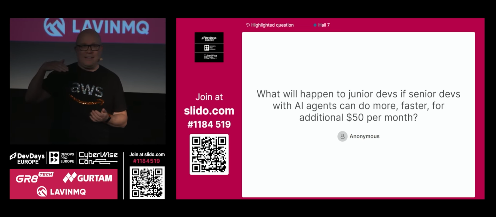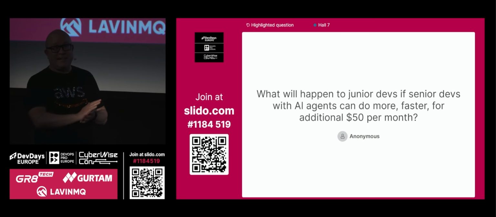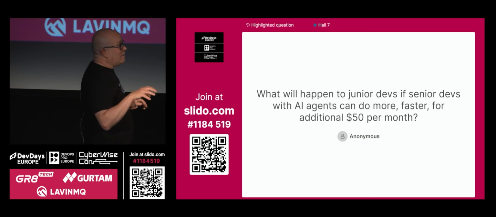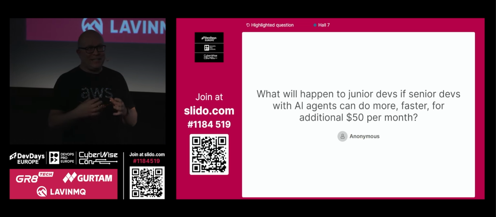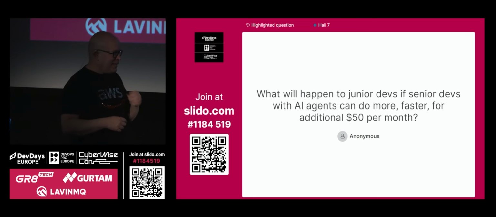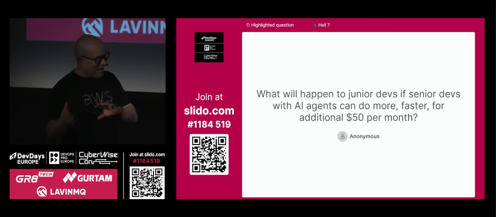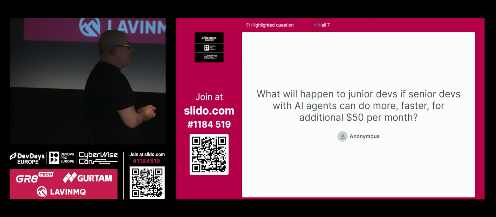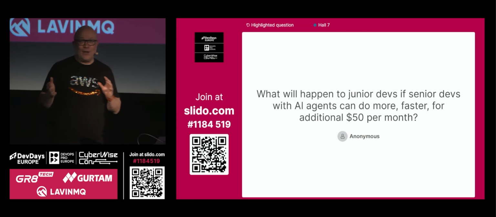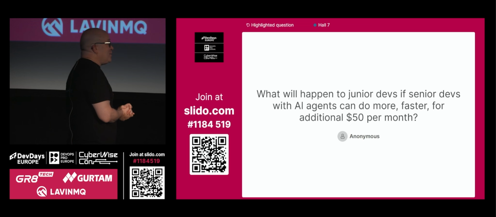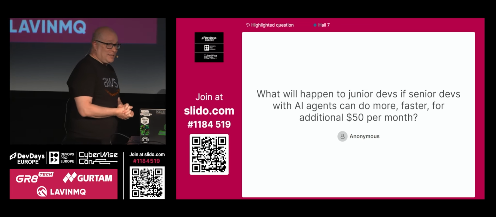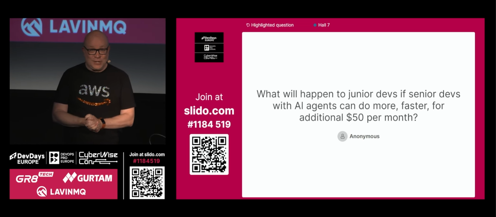They no longer need senior devs as much, other than for contextual awareness. Why did we build it this way? Well, the grey beards come out: we did it this way because of that. And that can easily be documented in a context file. So I don't know what the future is, but I do believe junior devs have some advantages here. It's not all doom and gloom for junior devs.